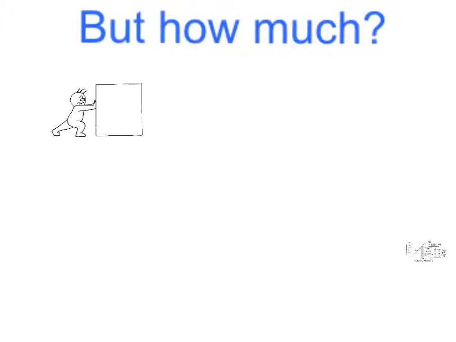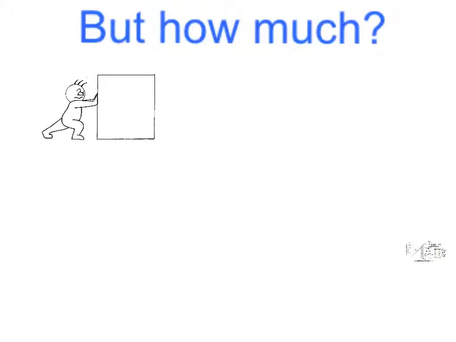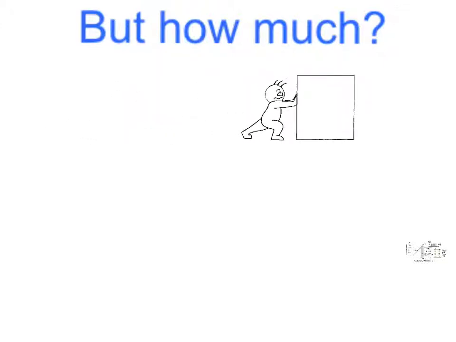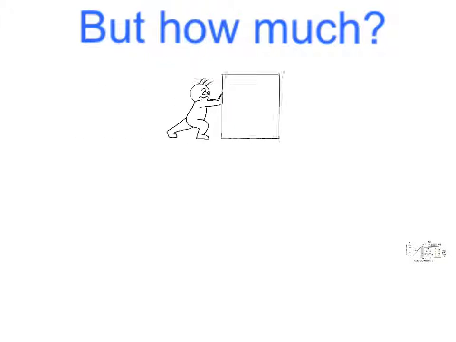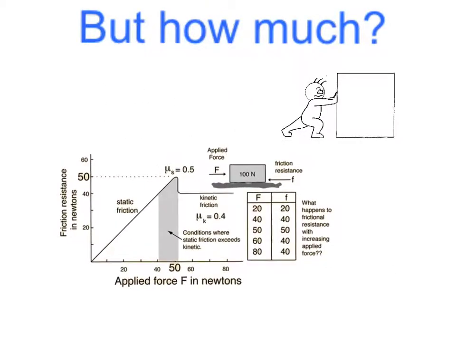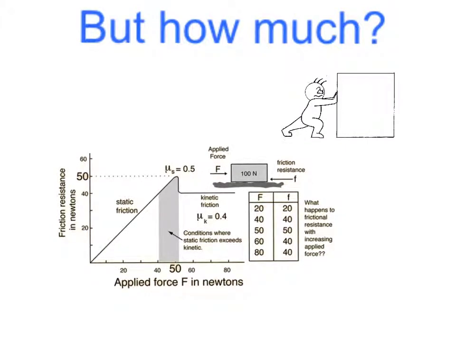If I'm pushing on an object and I push for a time, and then it gets to a point where it slips, and then it starts moving at a constant speed. Well, let's think about that slip for a minute. As I'm pushing on it and it's not moving, static friction exactly matches my push.